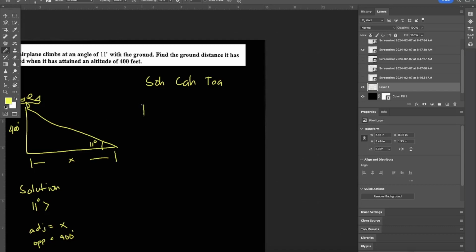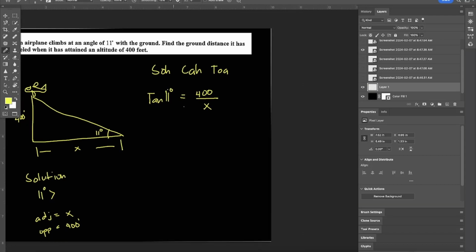So we do tangent of 11 degrees is equal to the opposite, which is 400, over x. Now, we're looking for our x. What we can do here is cross multiply your tangent 11 with your x.